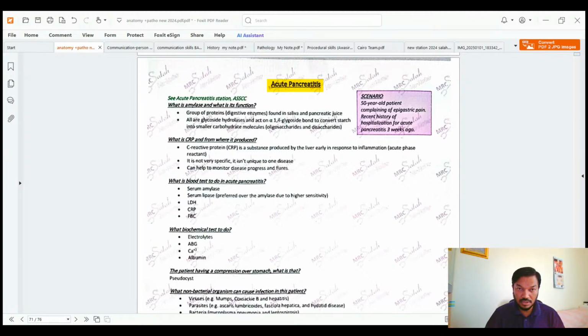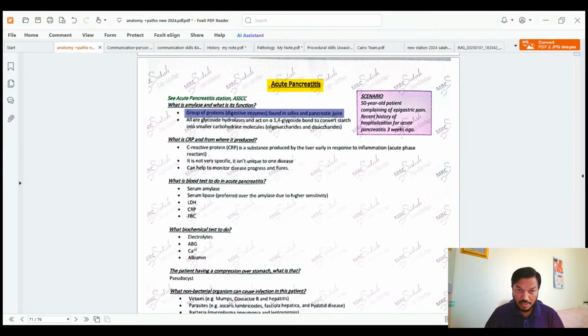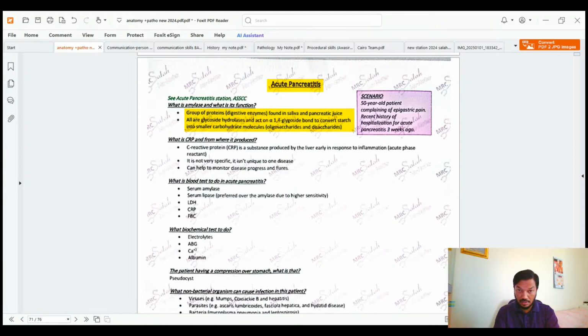Amylase is a group of digestive enzymes found in the saliva and pancreatic juice. They are all glycoside hydrolases and act on the one-four glycoside bond.